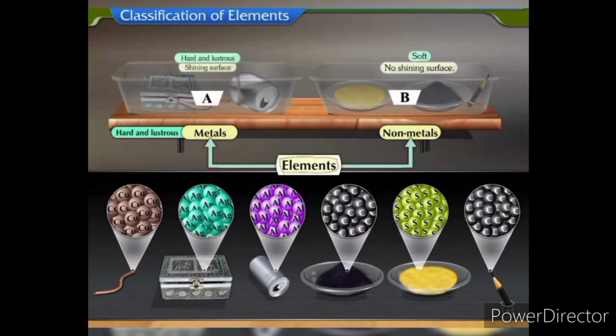Now, can you tell which basket has objects made from metals? The basket A has metals and the basket B has non-metals.